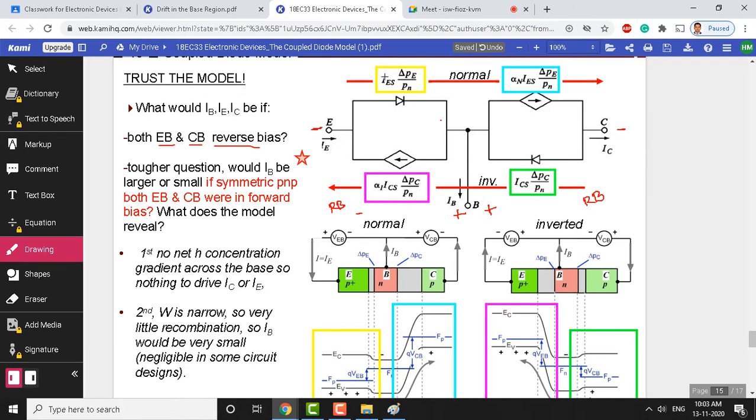Now, can you think of each of these components and tell me what these currents, base current, emitter current, and collector current, are? Any ideas?